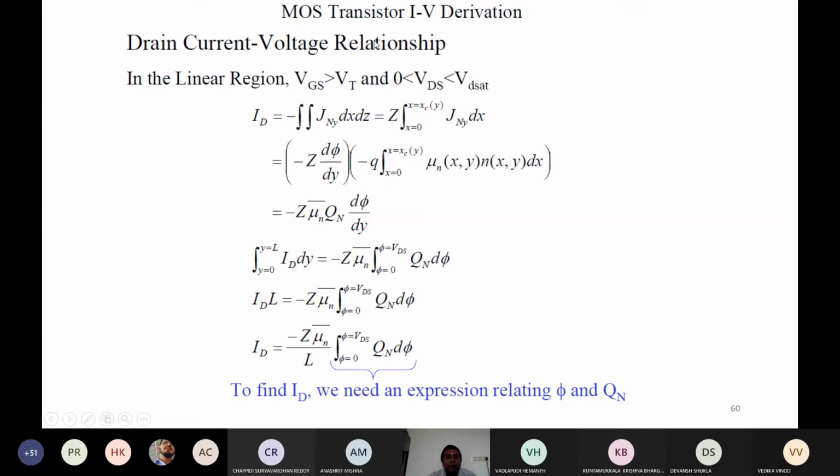So the drain current-voltage relationship we are going to derive is for the case when VGS is greater than VT, but VDS is less than VDsat, though it is positive. So 0 is less than VDS is less than VDsat. Let me also make clear what VDsat is. VDsat is VGS minus VT.